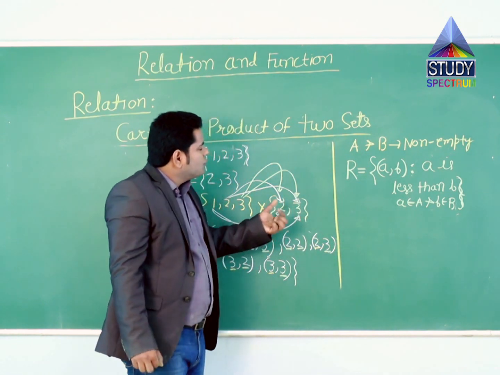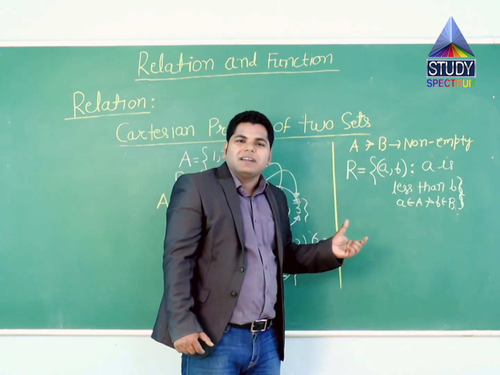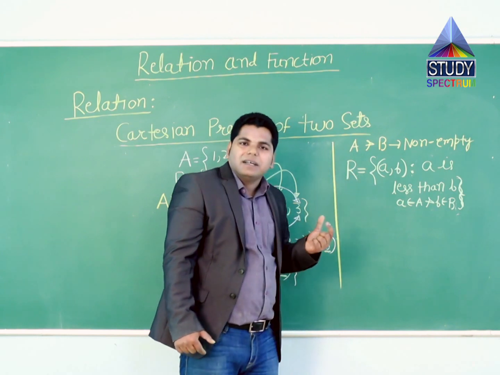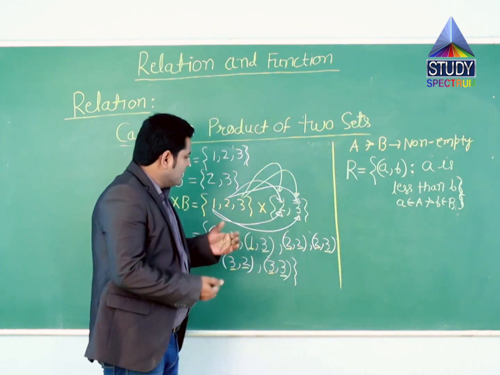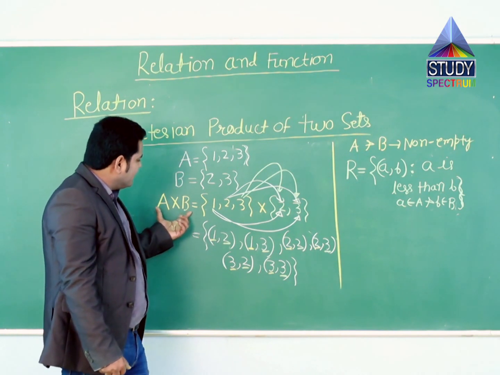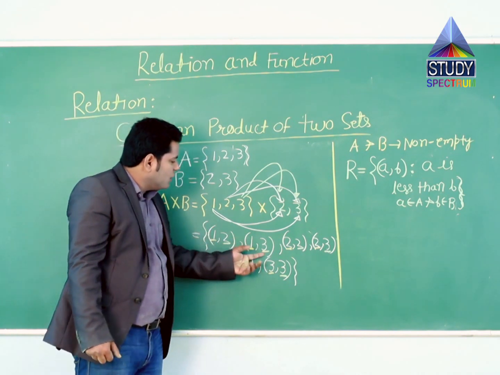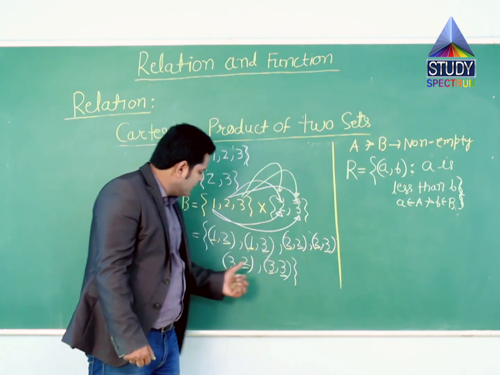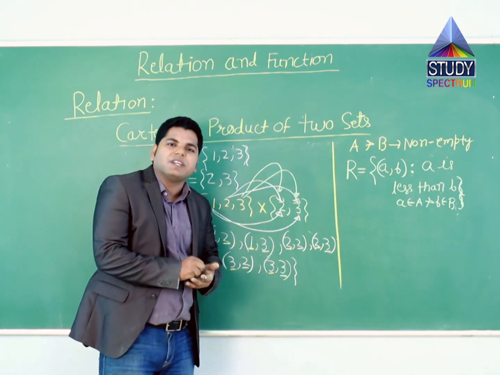Now to find the elements of ordered pairs for the relation, we have to first of all write A cross B. So A cross B is like what? (1, 2), (1, 3), (2, 2), (2, 3), and so on.